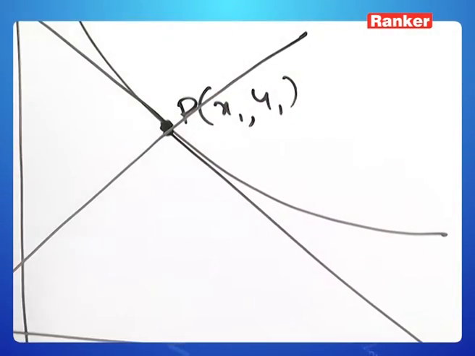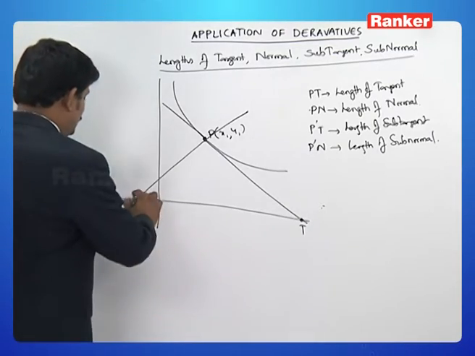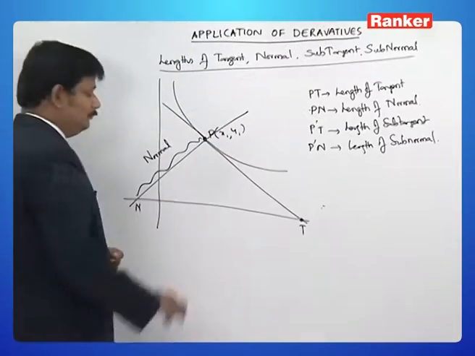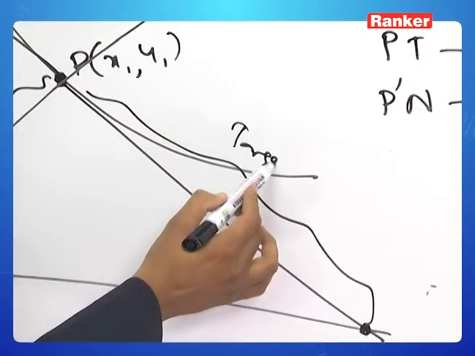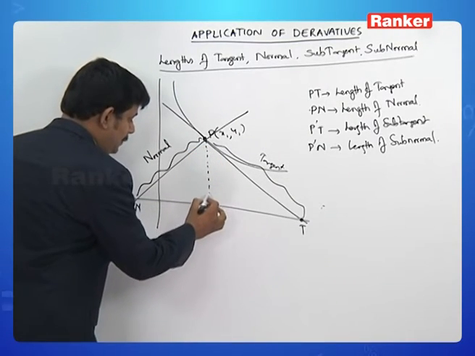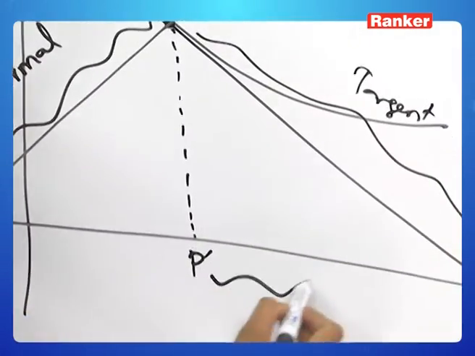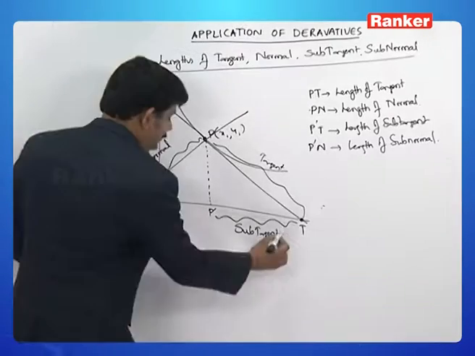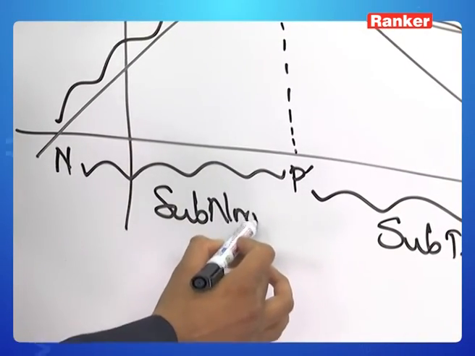Let us draw normal at P to cut x-axis at N. The length PN is called length of normal. And to get subtangent, let's draw projection of P on x-axis, let's say at P dash. The length P dash T is subtangent, and the length P dash N is subnormal.